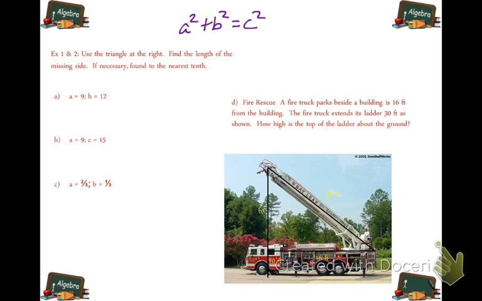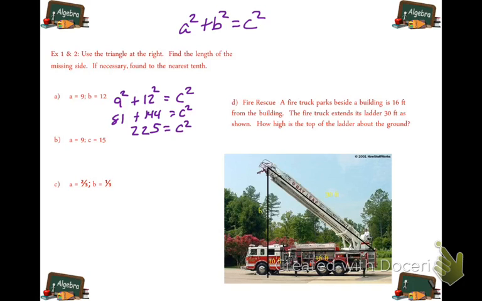So, if I look at A, A equals 9, so I'm going to put 9 squared, and B equals 12, and that would be 12 squared, equals C squared. We do not know what C equals because they just gave us A and B. So then we square them. 9 squared is 81, and 12 squared is 144, equals C squared. We have to do 81 plus 144, and that's 225 equals C squared.